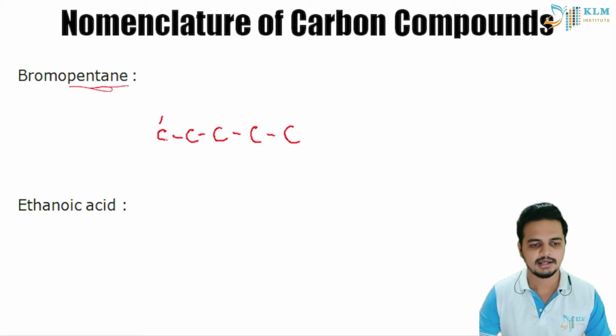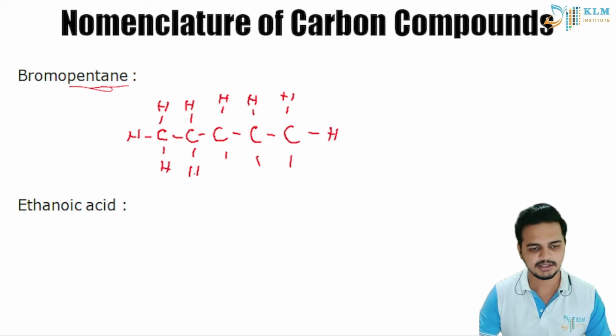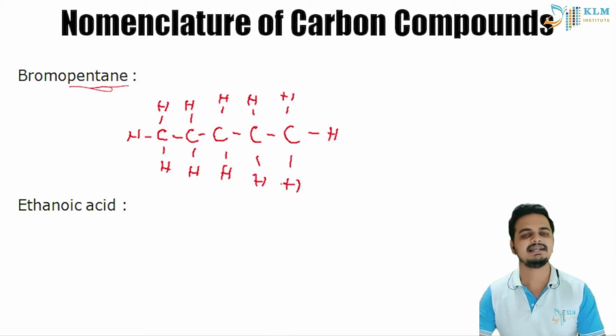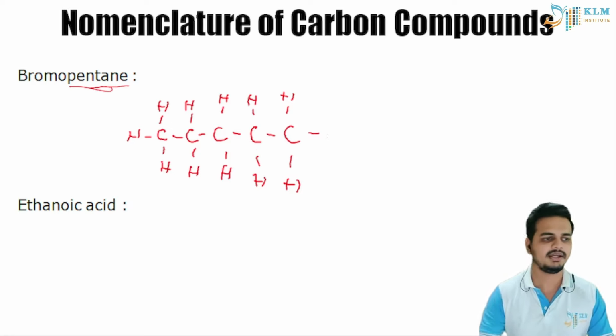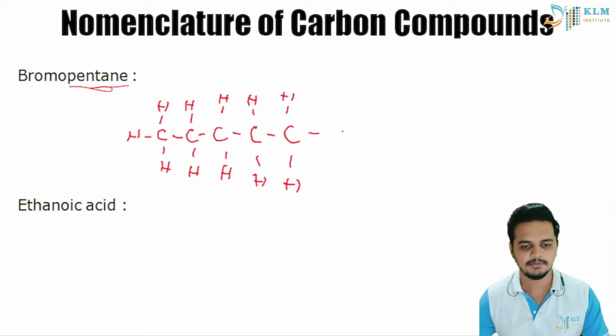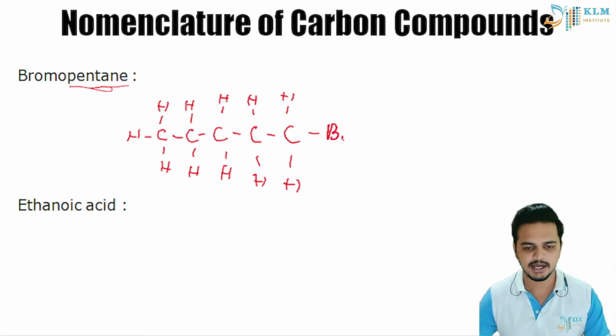Okay. And we will try to fill the vacancies with hydrogen. Okay. 1, 2, 3, 4, 5, 6, 7, 8, 9, 10, 11, 12. So these are the number of hydrogen atoms. But we need to add bromo. So we will remove one of the H and we will add a bromine atom here, Br.